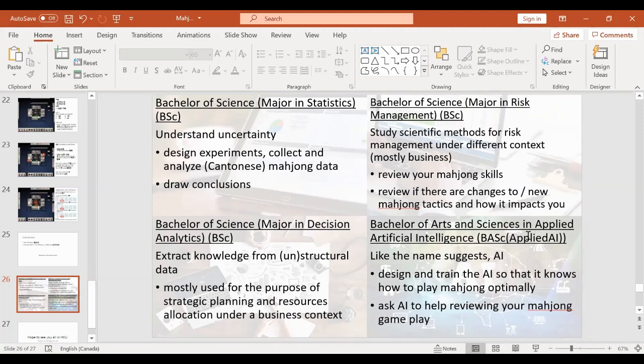And lastly, applied AI, like the name suggests, has something to do with AI. I'm sure the term AI is not something new to you guys. It refers to designing and training AI so that it knows how to do certain tasks. The task could be like playing Mahjong optimally under our context.